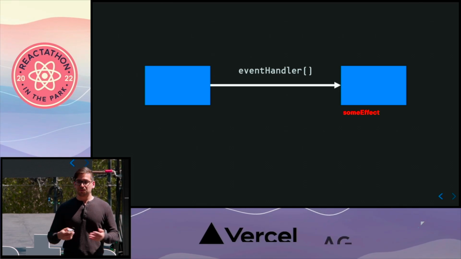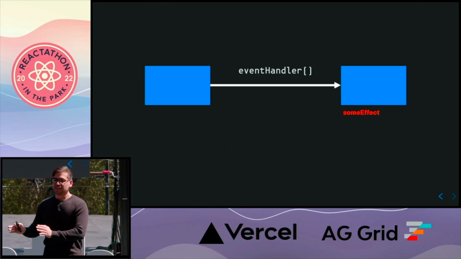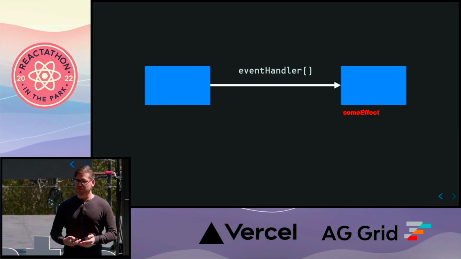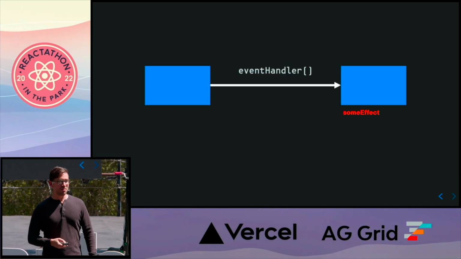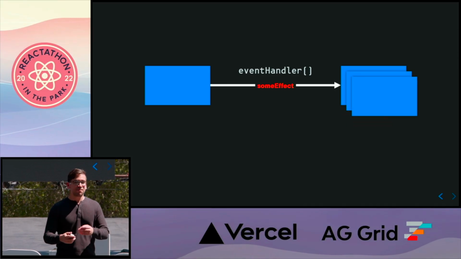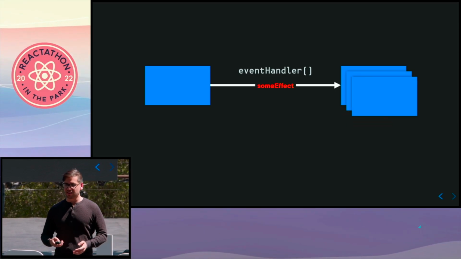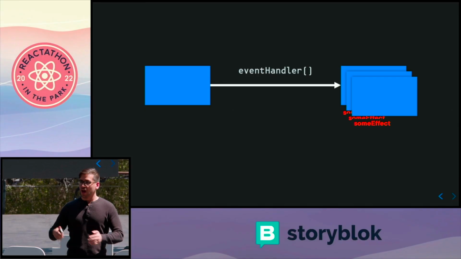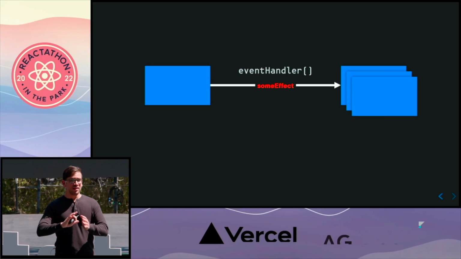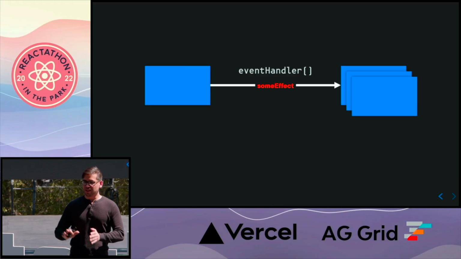So yeah, the problem is when we put effects inside of our components' rendering lifecycle, then we run into the problem, like we talked about in React 18, where these effects can execute multiple times because they're at the mercy of the component rendering. But if you put them in the event handler, now you don't really have that problem.